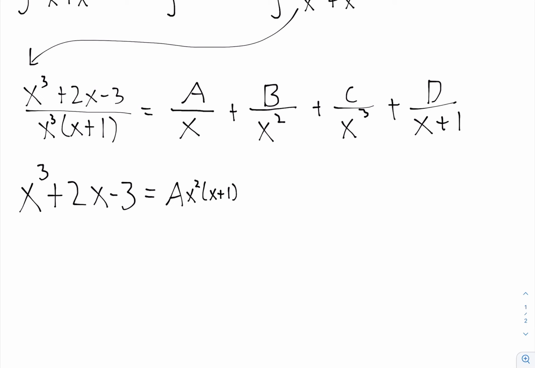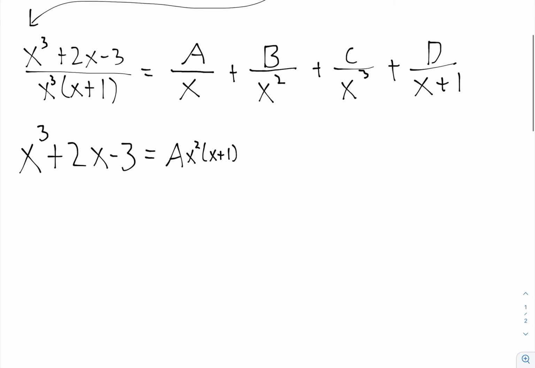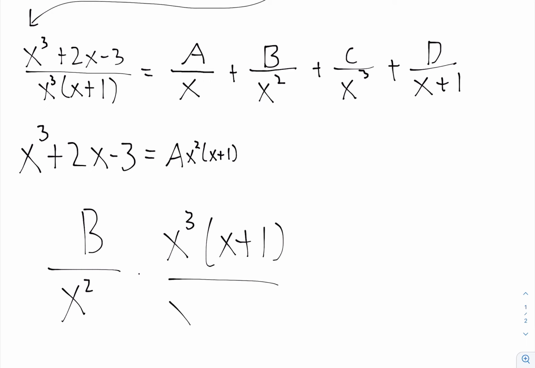Okay, let's do the same thing with b. If we had b over x squared, and we multiply it by the denominator on the top and bottom, and you might forget the reason why we can do this is because x cubed times x plus 1 over itself is just 1. So we're not changing the value of anything, we're just manipulating the equation. Okay, so this x cubed and x squared are going to have common factors of x squared.